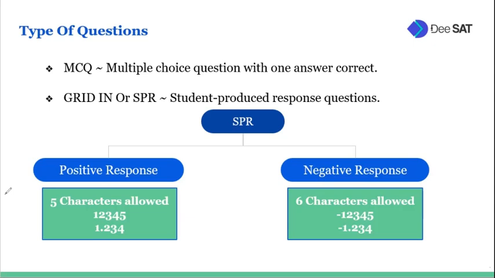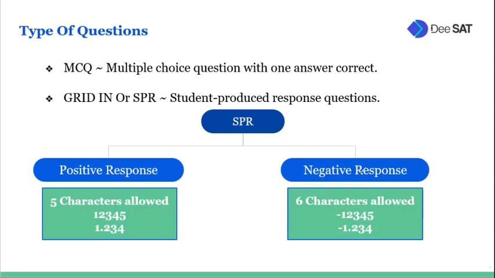If I press a negative sign or a decimal sign or a divided by sign, all of those signs are considered in that five characters. So five characters can be 12345, it can be 1.234, it can be 22 by 35. These are also five characters. So that is how the five characters are being made.